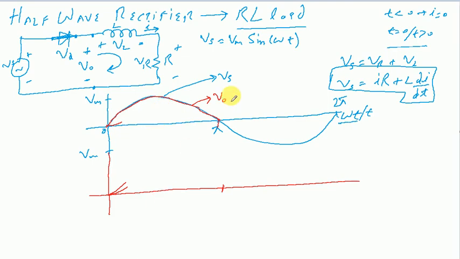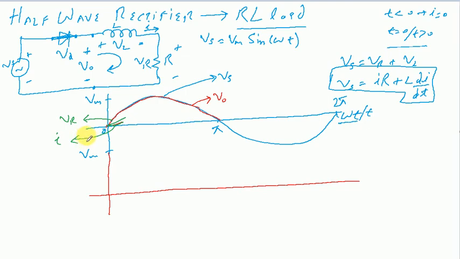Or let me draw these waveforms with a different color across this point over here. Let us say that this is the current through this circuit, and this is the resistive voltage. This green color basically represents the voltage and this waveform represents the current through this circuit.